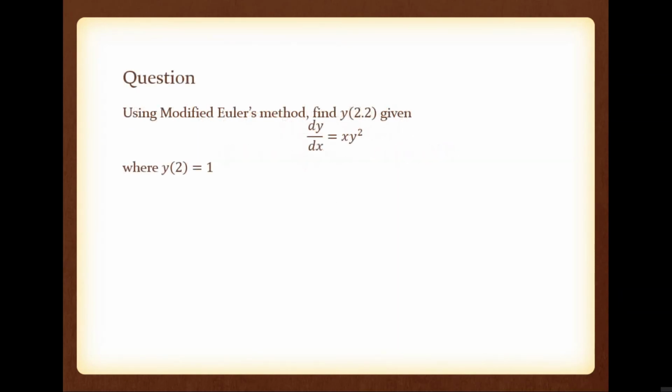So note down the question. Using modified Euler's method, find y of 2.2 given dy by dx is equal to xy square. You are asked to find y of 2.2 given dy by dx equal to xy square, where y of 2 equal to 1. Initial condition is, corresponding to x0 equal to 2, we have y0 equal to 1.